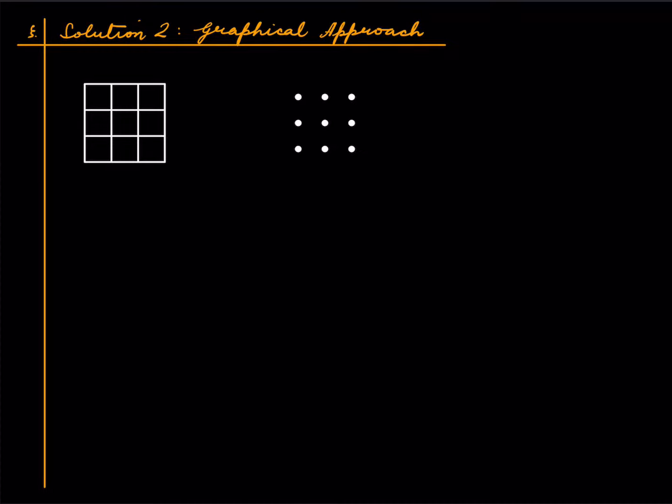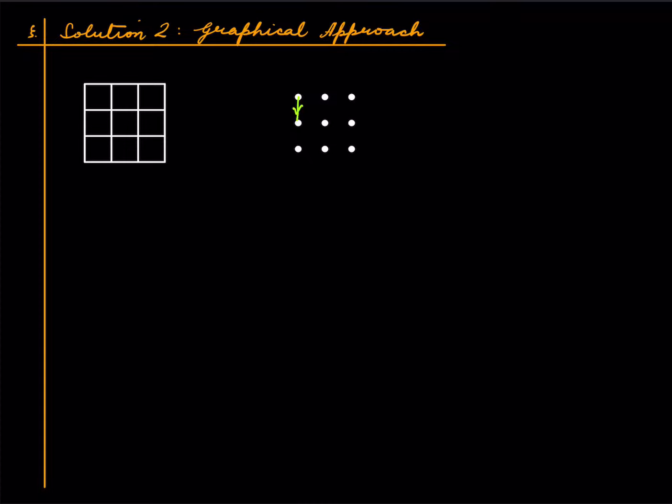Alright, so what we will do is we will just record that jumping scheme via edges. So there was a flea here, it jumped to an adjacent square, either this one or that one. So whichever one it jumped, let's say it came down, then what we will do is we'll draw an edge like this and draw an arrow.